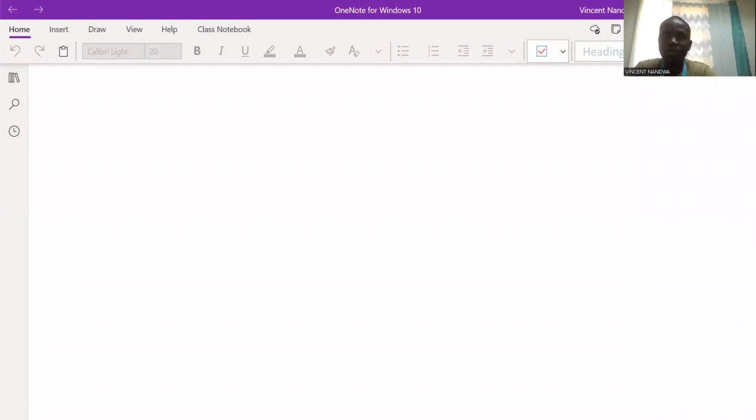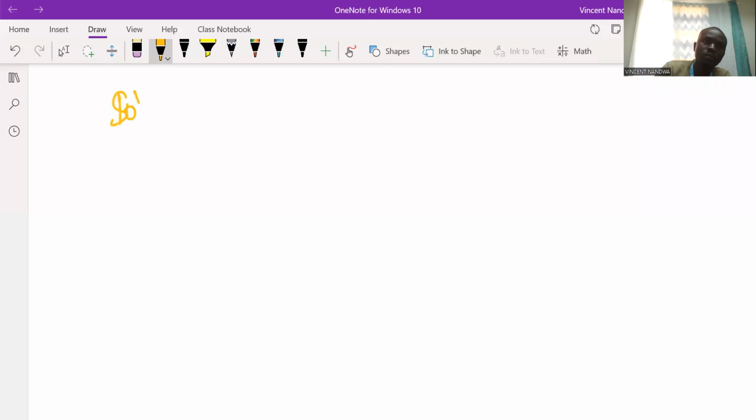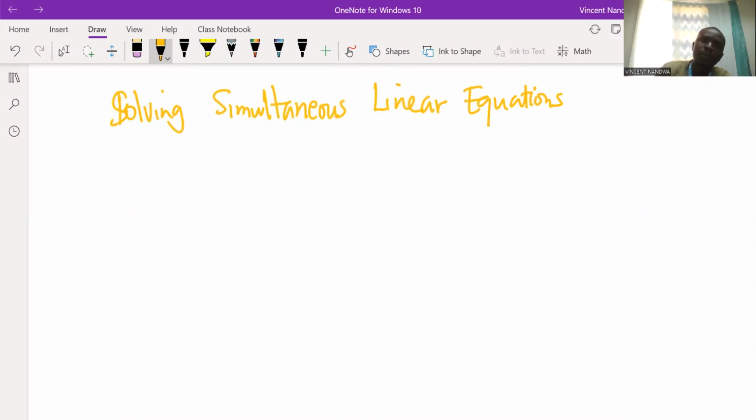So the key thing is solving simultaneous linear equations by matrix method.